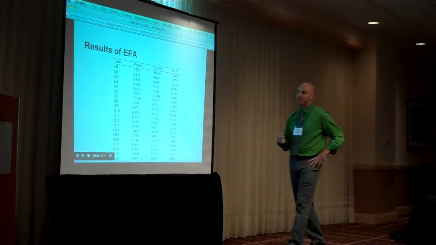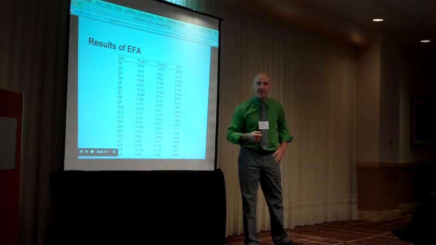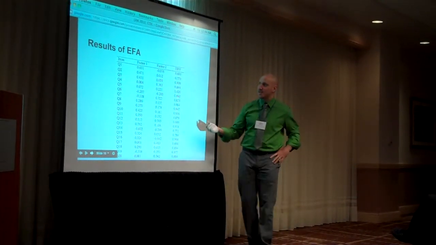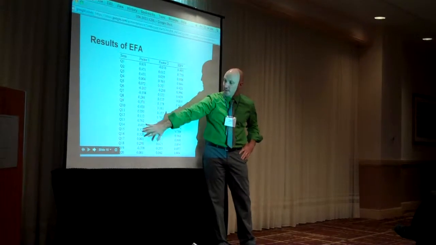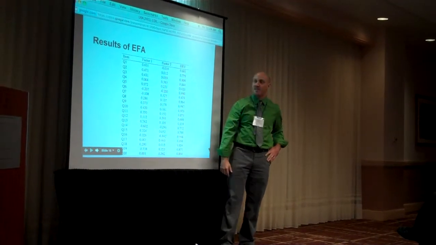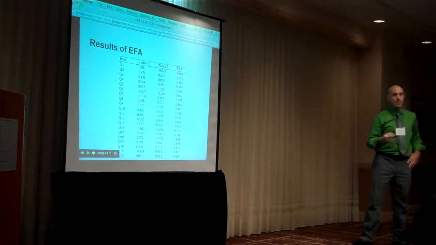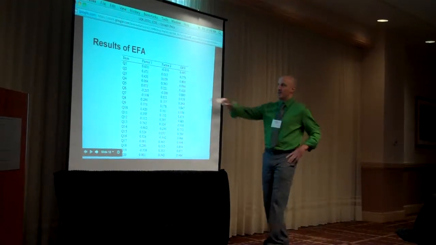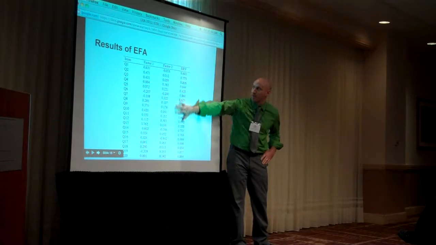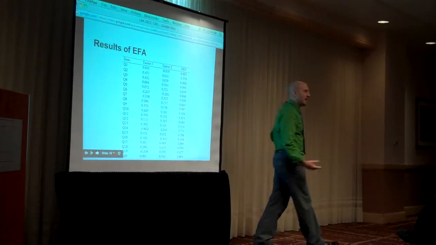Go ahead. Your results of the EFA: if we look at the different pieces, you'll see that some of them hang on factor 1, some hang on factor 2. You can go into the paper and look in more detail. The really important part to me is the extra residual variance that's still there.